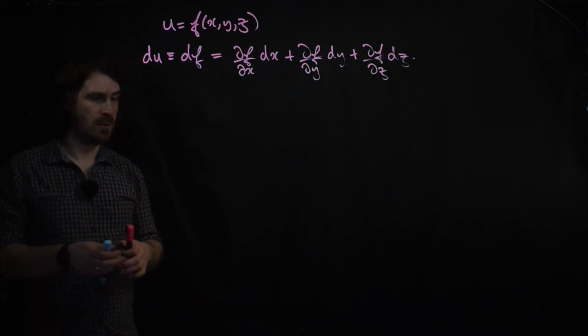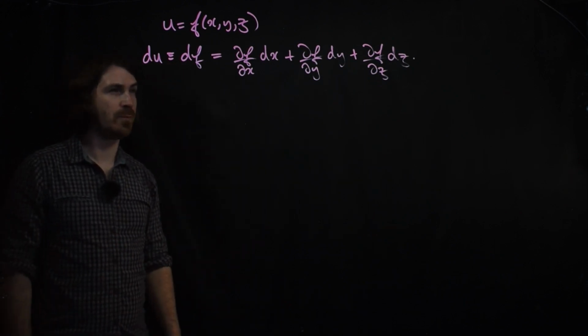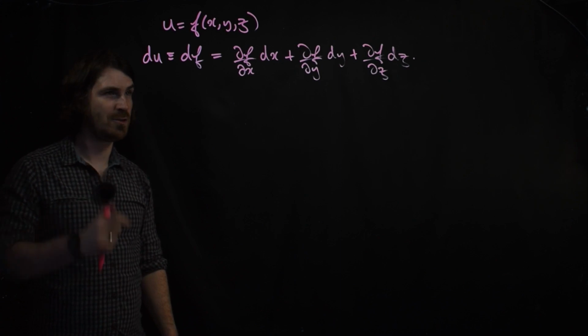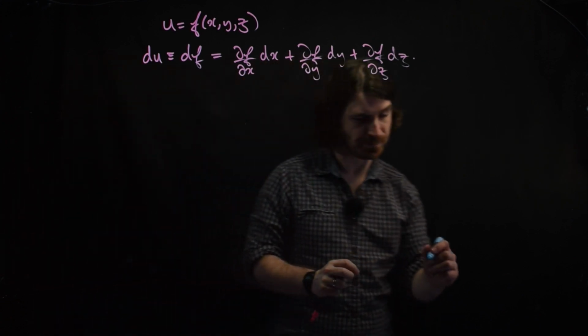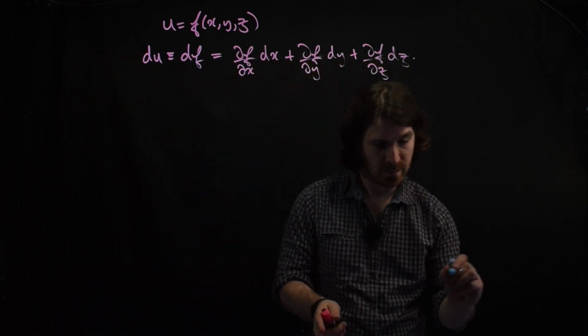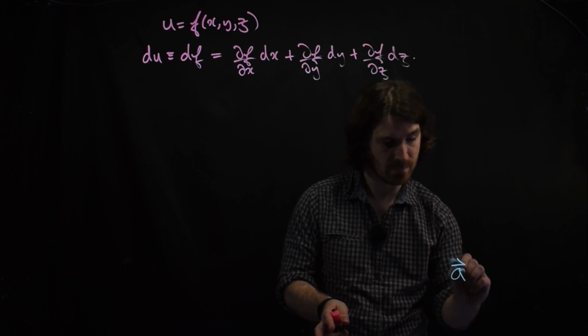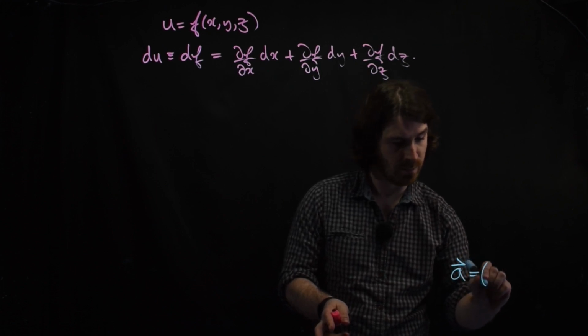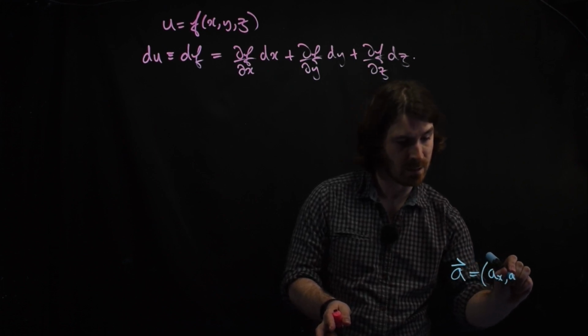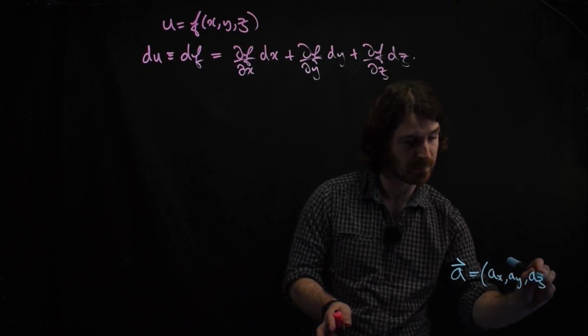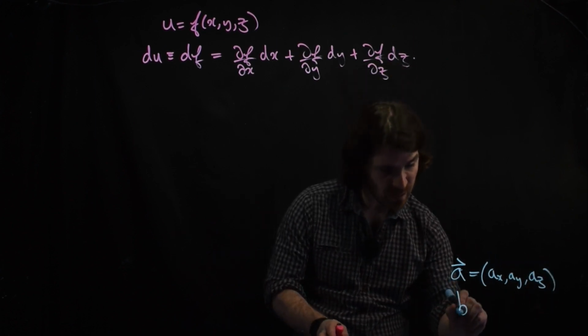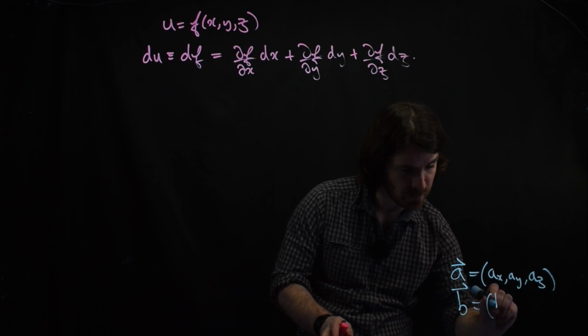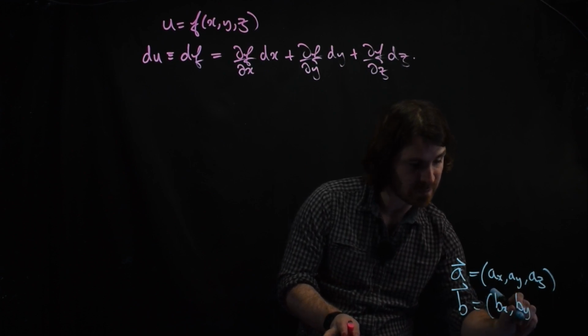Now, if you think about the dot product of two vectors, let's say we have a vector A with components ax, ay, and az, and a different vector B with components bx, by, and bz.